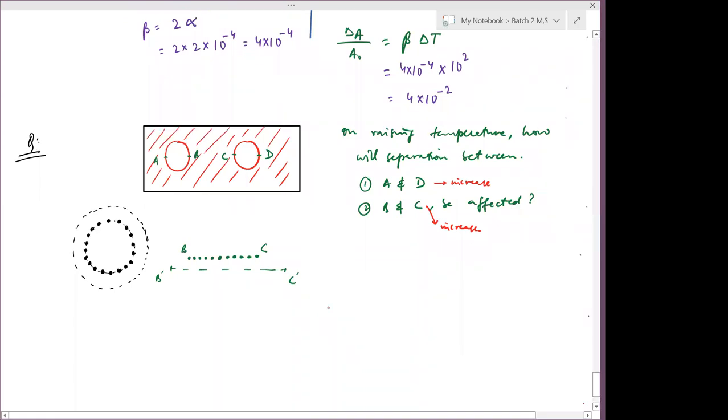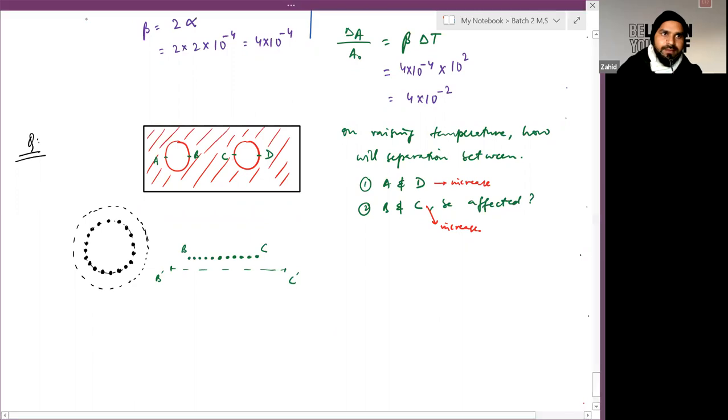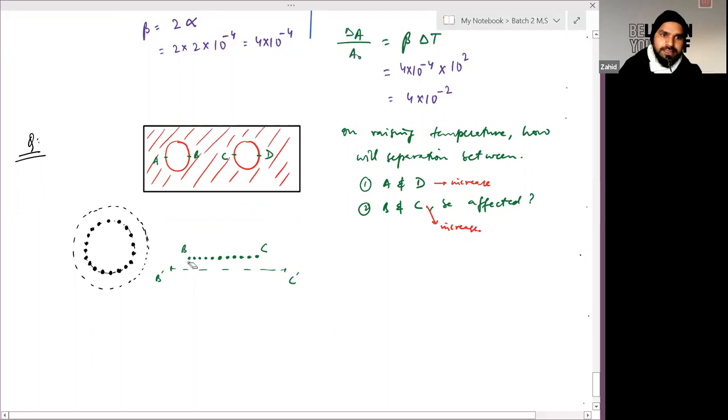Can you please explain the second part once again? Okay. Suppose we have n number of particles stacked between B and C. Let's say from this point to this point, we have n number of particles. So if you raise temperature, just behave between B and C as a linear object, or may have a linear configuration of these points.